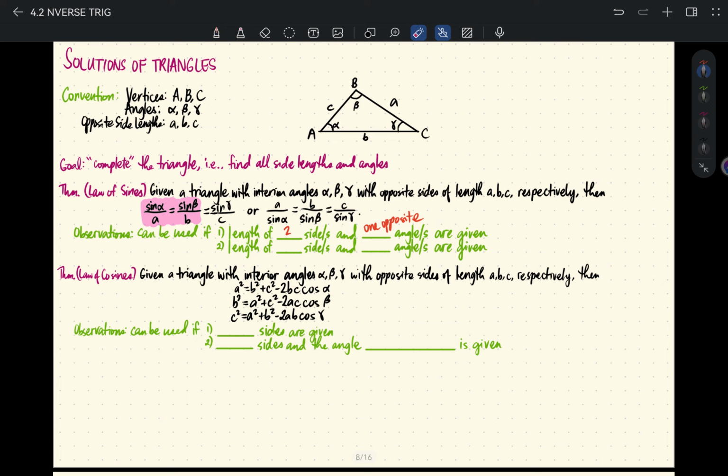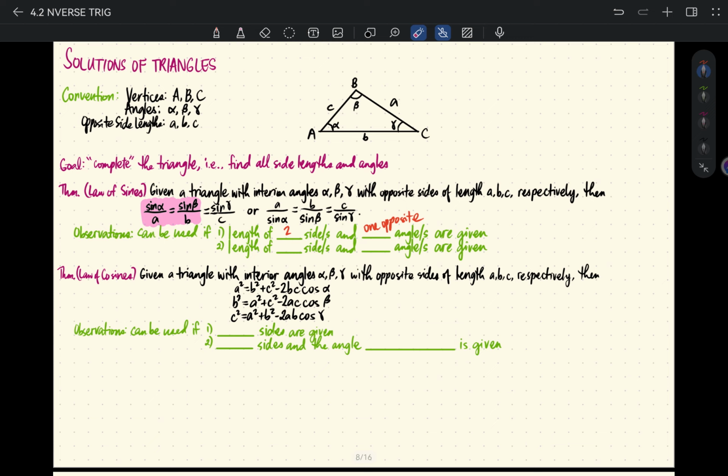So suppose alpha is unknown and we want to use a, b, and beta. You need an opposite angle, and in particular, that angle is this beta right here, which is the angle opposite to the side with side length b. So first use case of this one is you have two sides and one opposite angle.